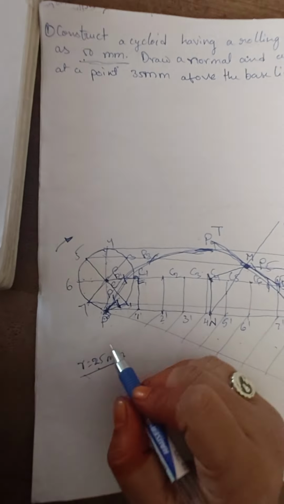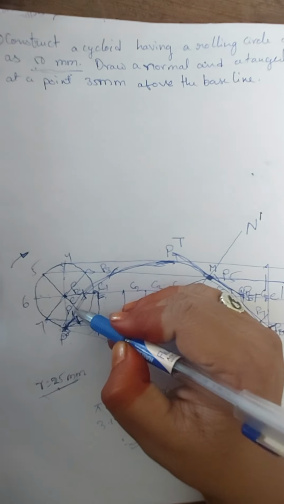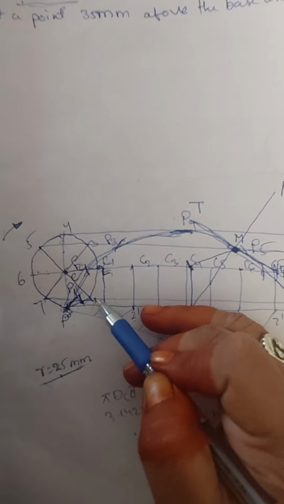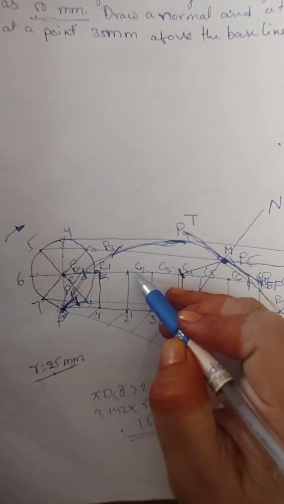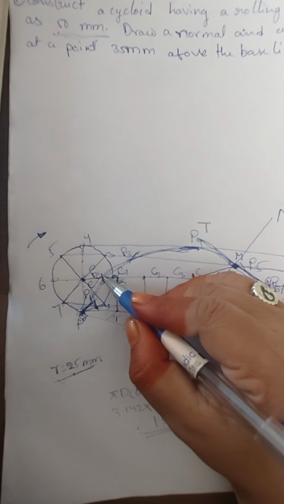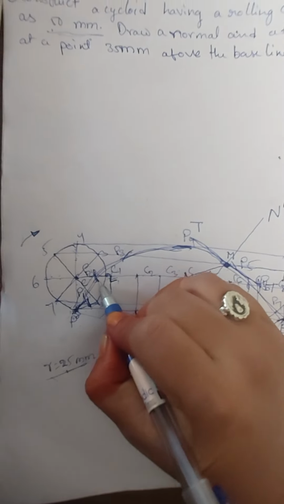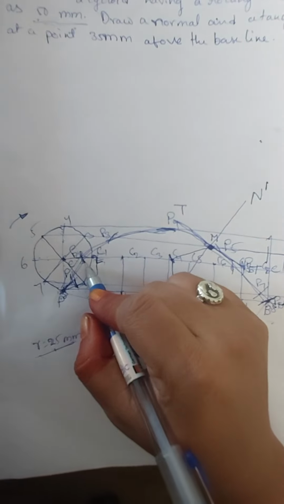So with center C1 and radius 25 mm, draw the arc on the line 1 which is passing through point 1. Next, with center C2 and radius 25 mm, draw the arc on the line passing through the second division.